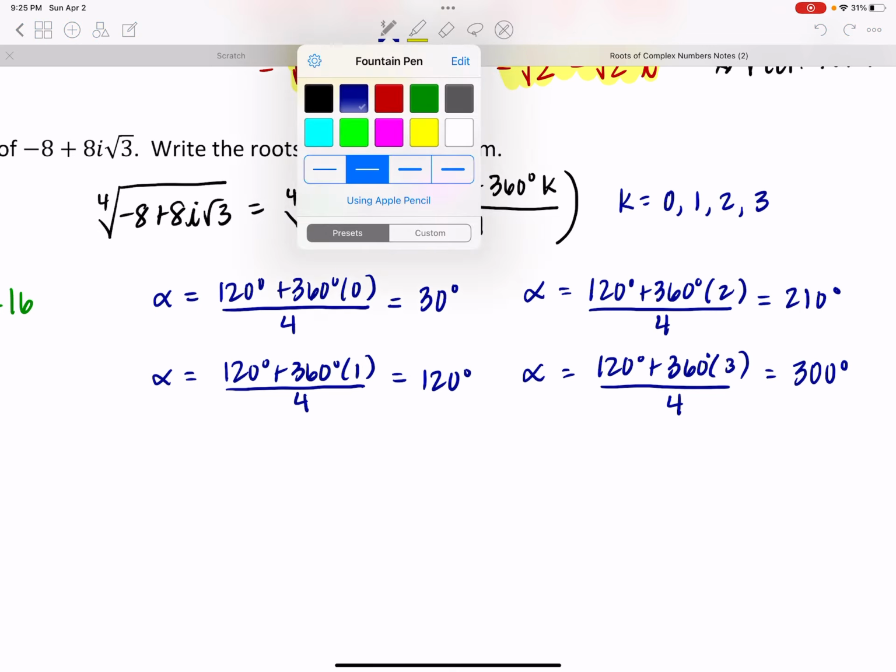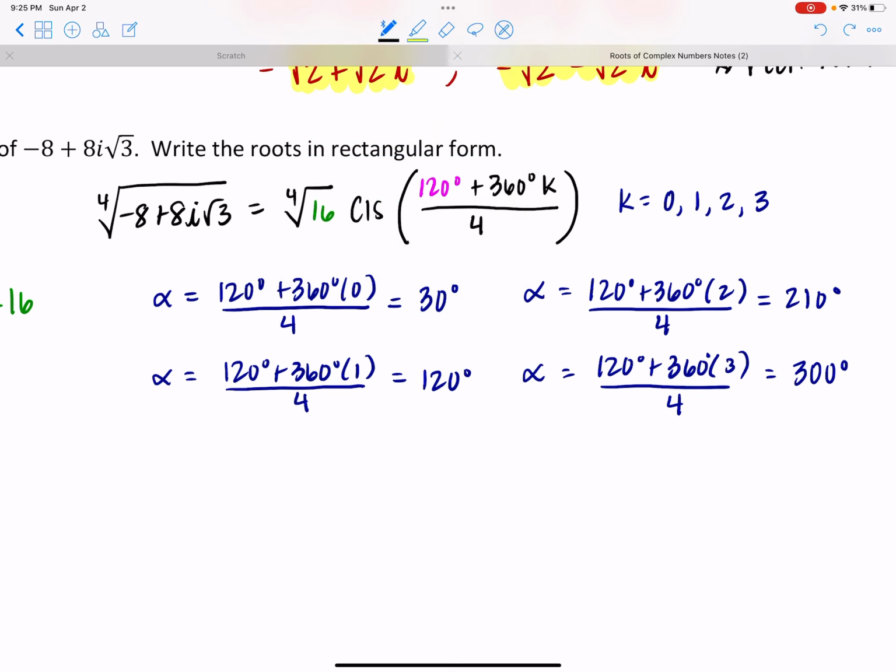So, again, I'm trying to find 4 complex solutions. That means all 4 fourth roots of negative 8 plus 8i radical 3. And they are going to be in the form of r cis alpha. So r cis alpha, those are my 4 different alphas, and my radius, my r, is my 4th root of 16.